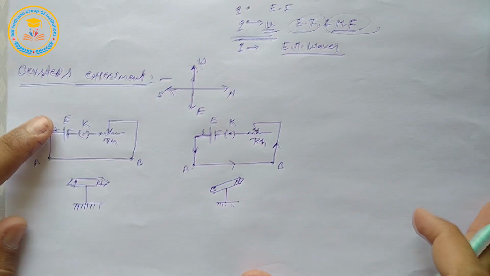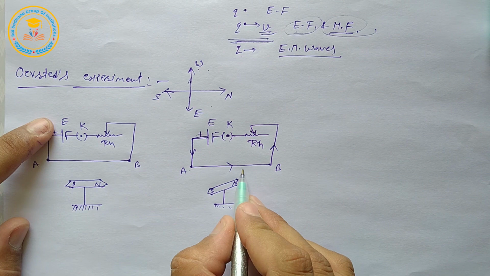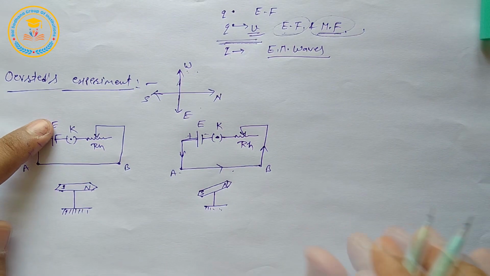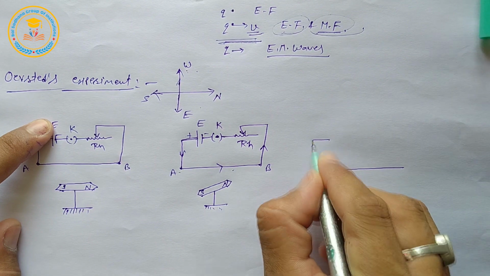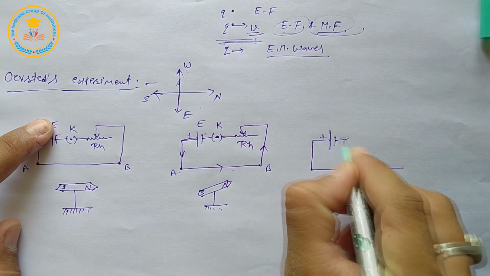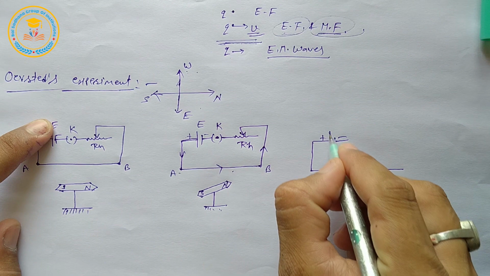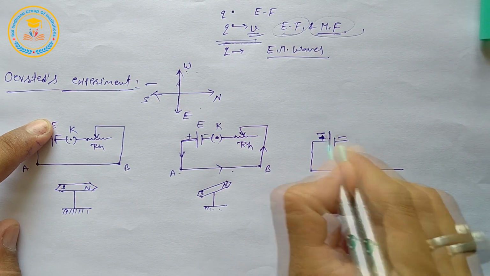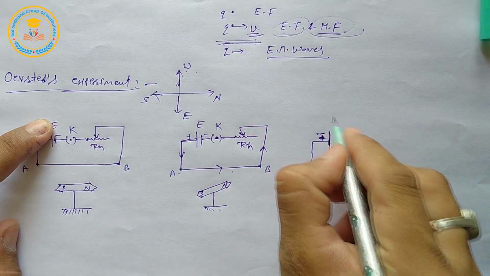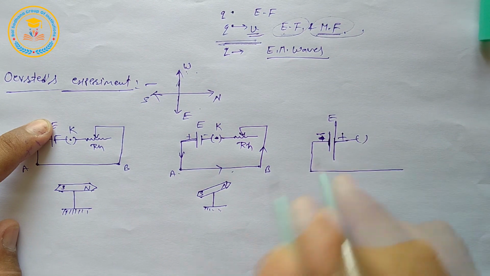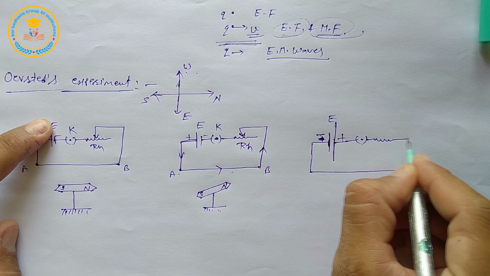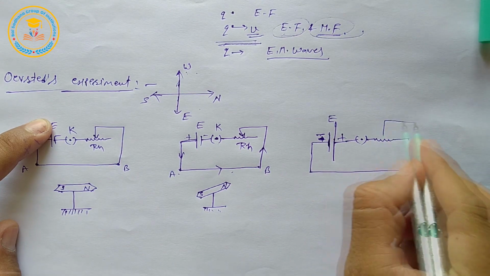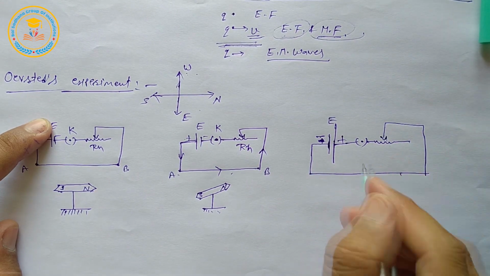Okay, and if the direction of this current is reversed, for this the poles of this battery are interchanged. Sorry, this is negative and this is positive. We interchange the poles of the battery.